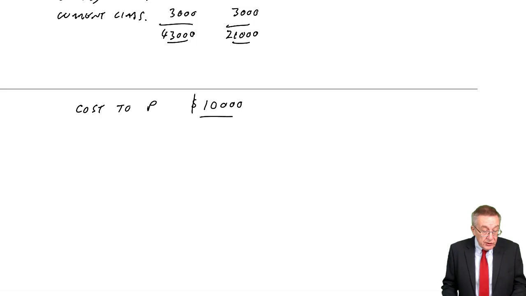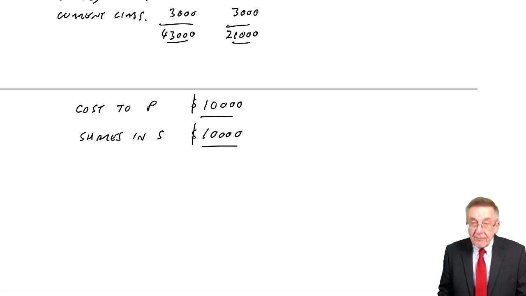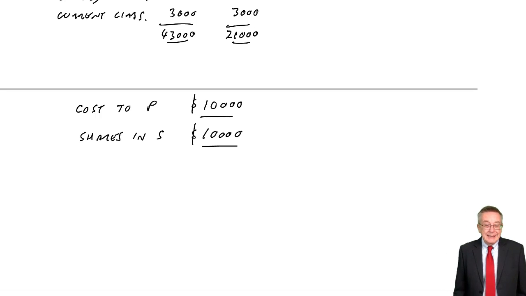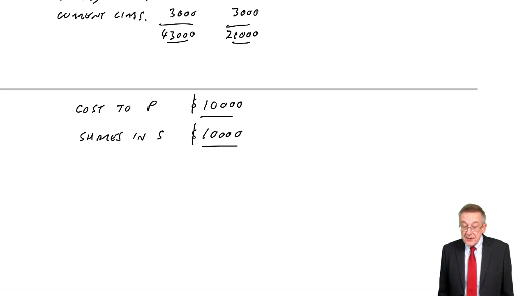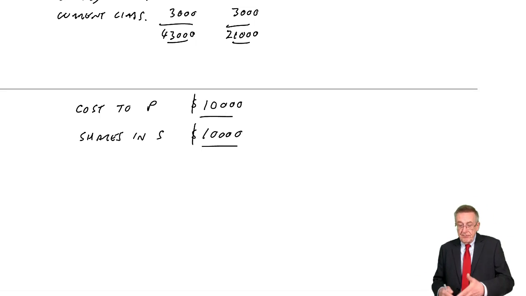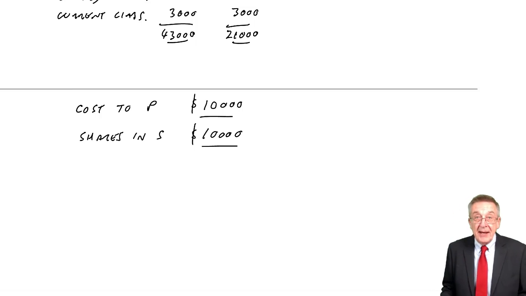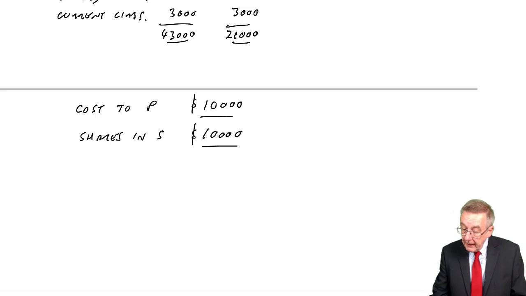Well, they bought 100% of S's shares. At the date it was incorporated, which is when P bought the 100%, the value of S was 10,000. They simply issued some shares; they'll have just had cash of 10,000. And so, if you like, it checks. You'll see why I'm doing that later.